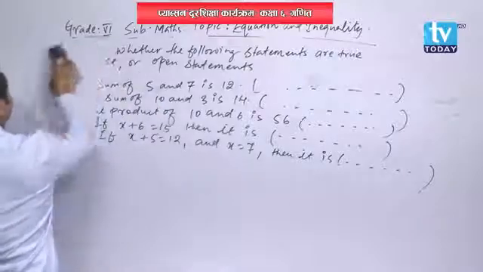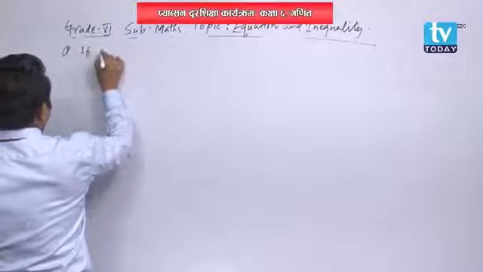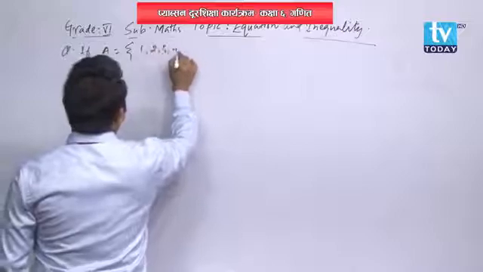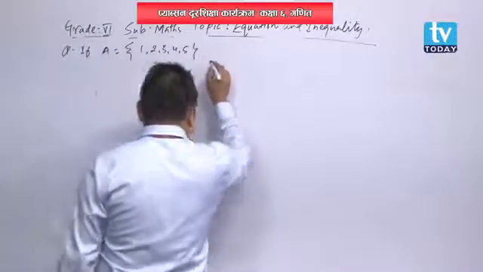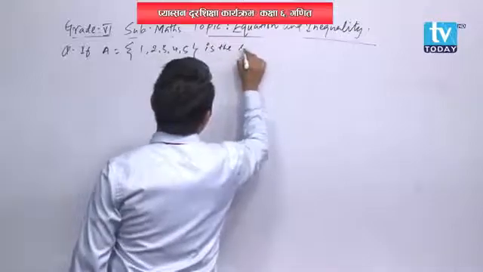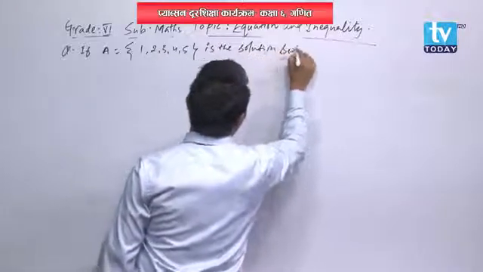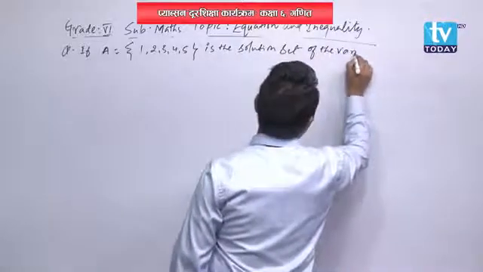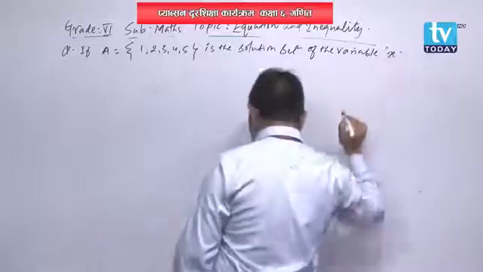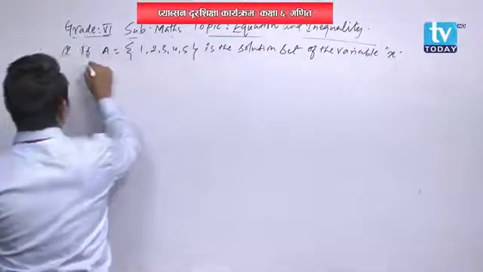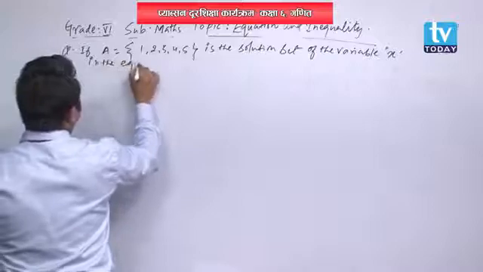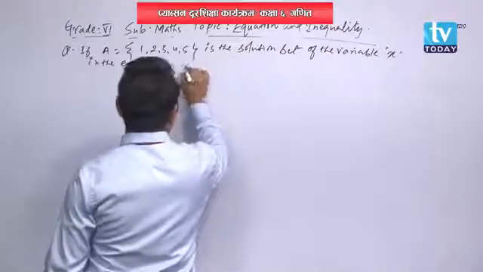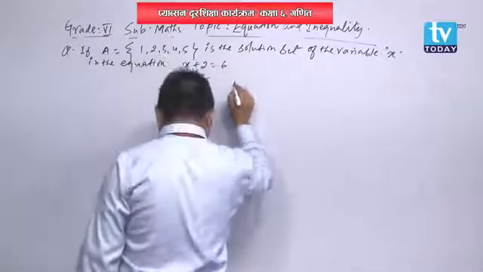Now let me write another question. If A equals 1, 2, 3, 4, 5 is the solution set of the variable x in the equation x plus 2 equals 6.